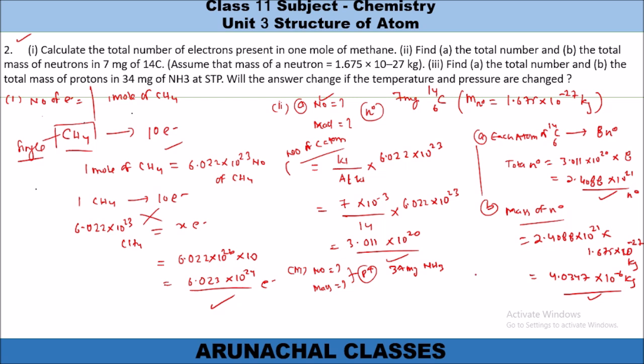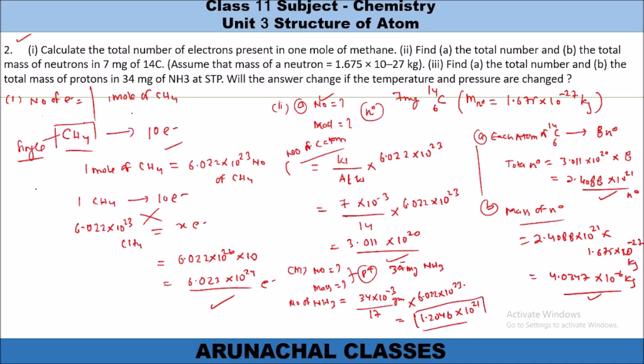We can apply the mole concept and easily handle this. It will be the given mass, 34 into 10 power minus 3 in grams, I have converted the milligram into grams, divided by the molecular mass of ammonia, that is 17, multiplied with the Avogadro number, 6.022 into 10 power 23. If I solve this one, it will be 1.2046 into 10 power 21. So these many ammonia molecules are there.